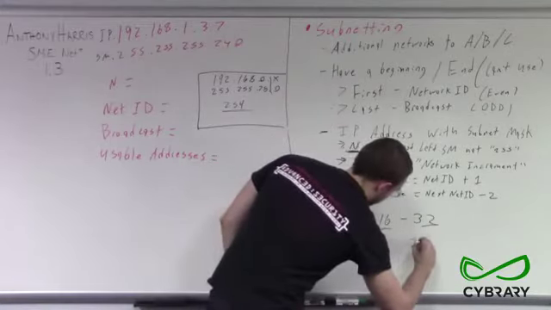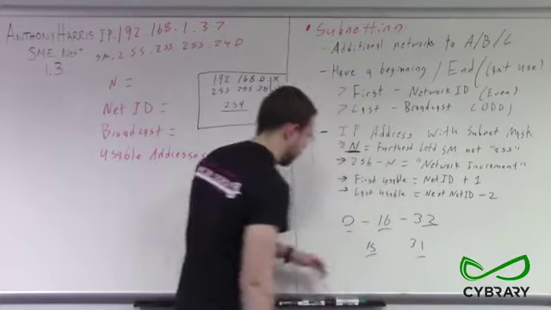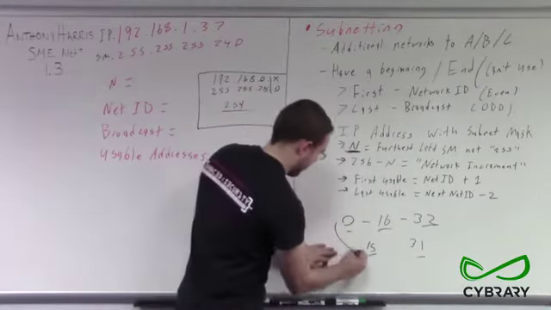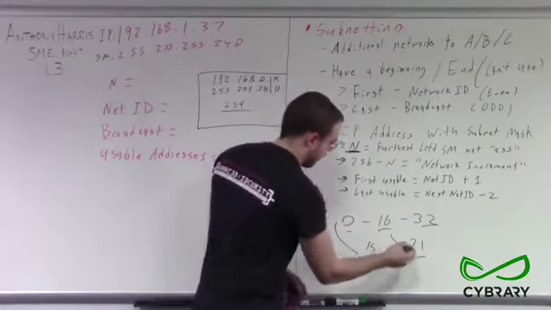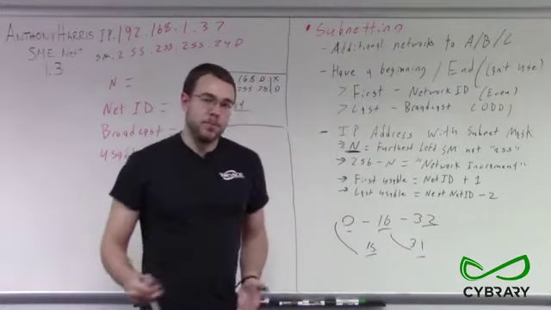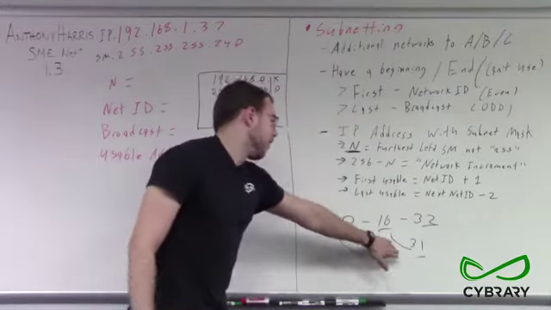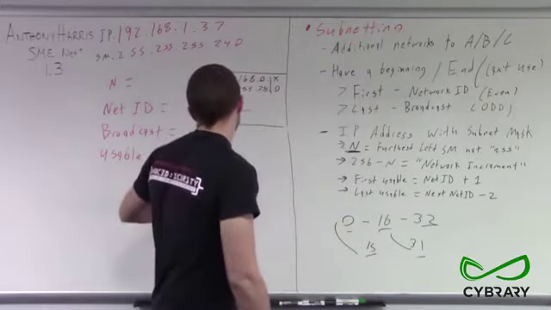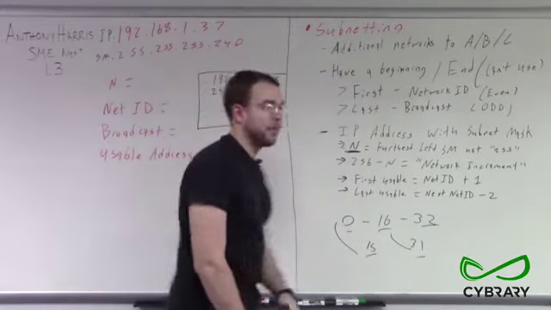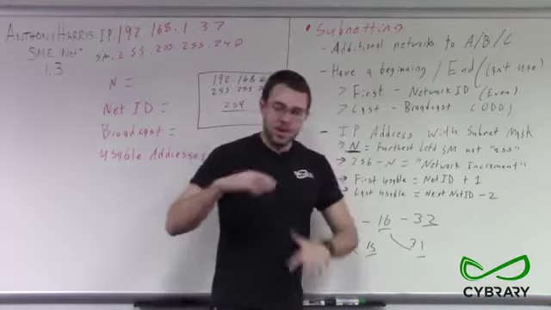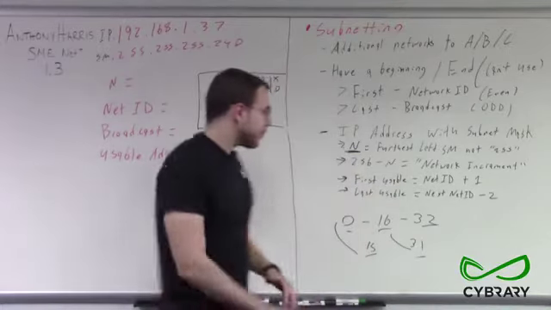So 15 and 31 would be this subnet's broadcast ID. We'll take a look at this a little more in depth when we actually break everything down. It's a little harder to explain without actually going through our example.